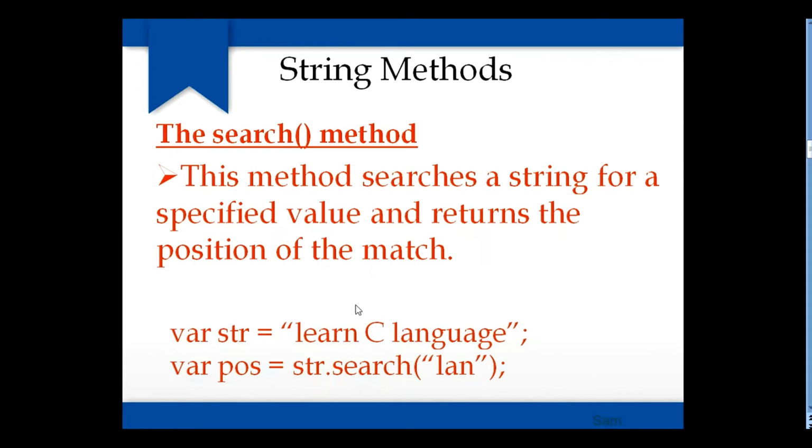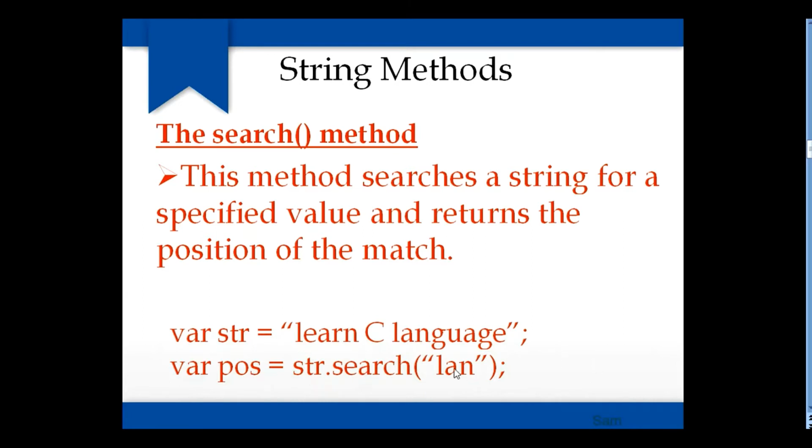So here I declared a string str, learn C language, then str.search lan. Yes, lan is there. Now it returns the position where this L is placed in the given string. So it returns a position.